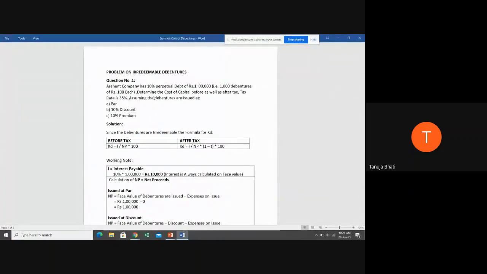Like 15% debenture, or if suppose XYZ company is issuing 25% debentures, that means the debentures are payable at an interest of 25%. If I say 5% debentures are being issued, that means the debentures have an interest rate of 5%. So similarly, can anyone tell me in this problem, what is the rate of interest?